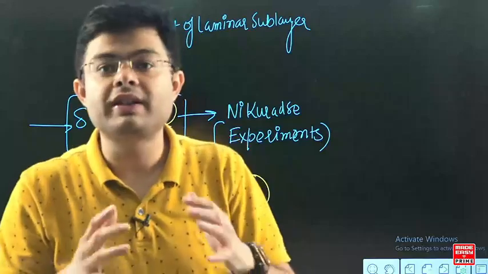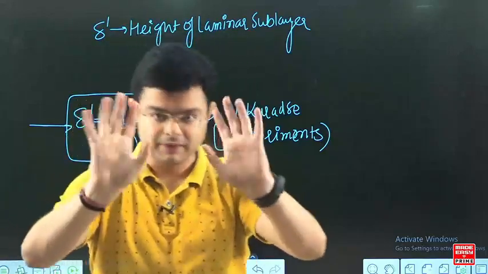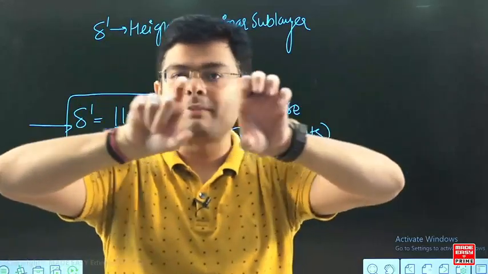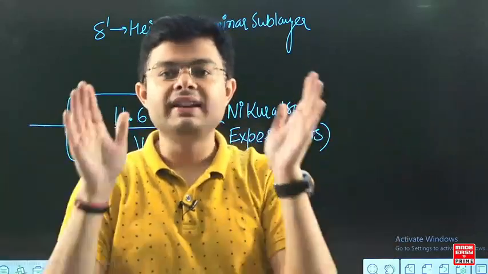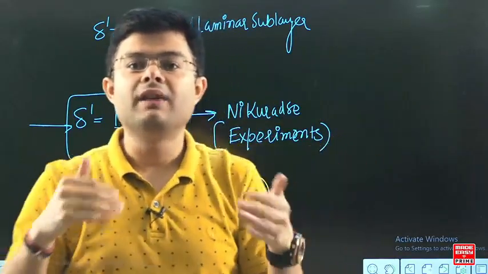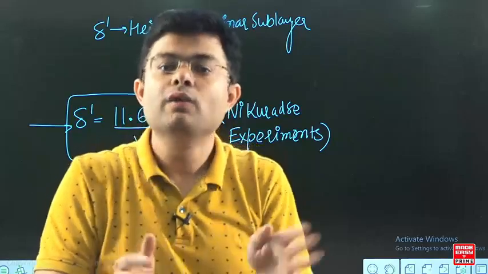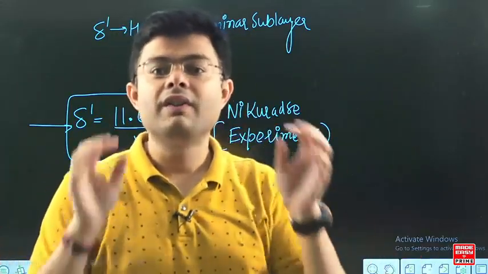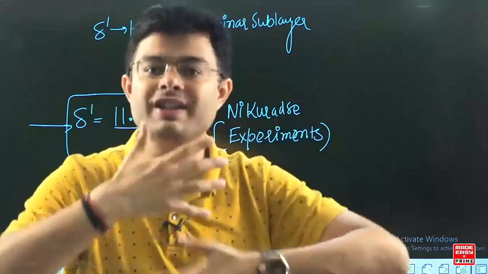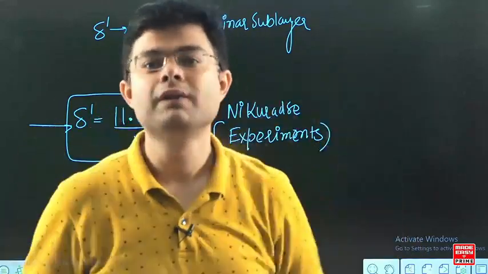So what your teacher wants to say here is, for example, let us say I am having a pipe. In that particular pipe, will the value of delta dash always be fixed? The answer is no. The value of delta dash will keep on changing from flow to flow.